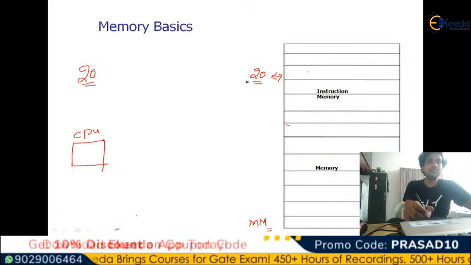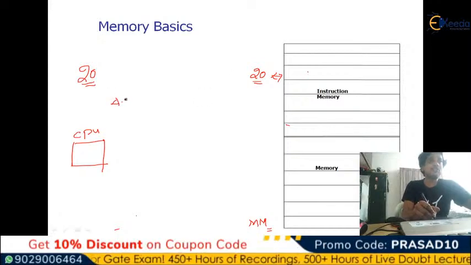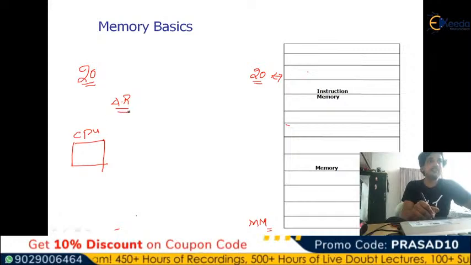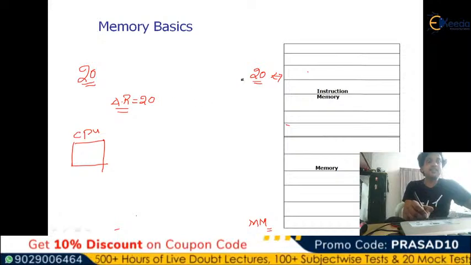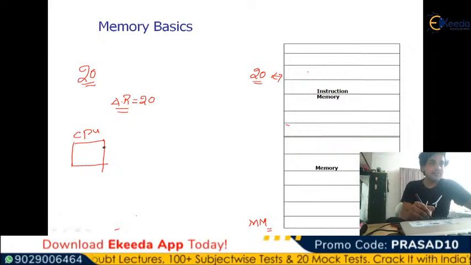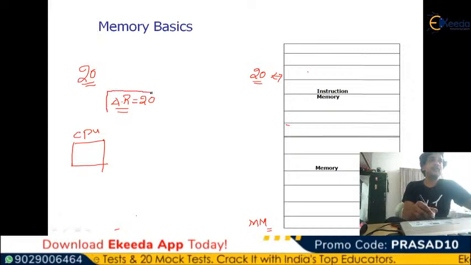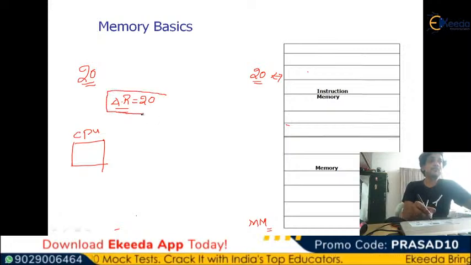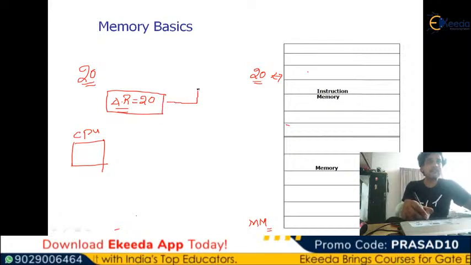For that reason, the CPU employs something called an address register. This address register will be given the addresses that are needed to be located within the main memory. Every time the CPU wants to locate an address, that address will be transferred to the address register. This address register is a mediator to locate the contents within the main memory.